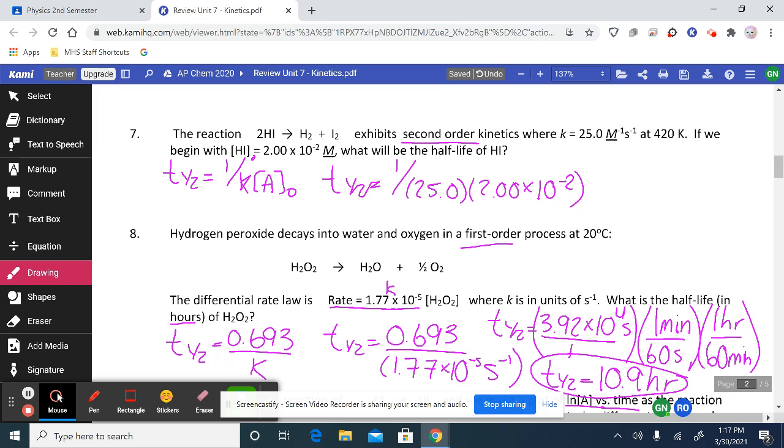And so I type that all in my calculator, and I get a half-life equal to 2 seconds.